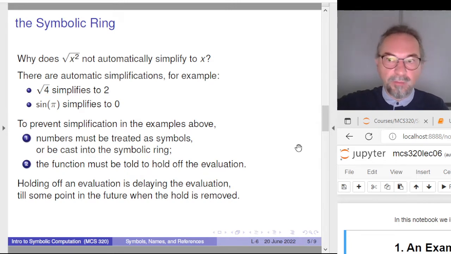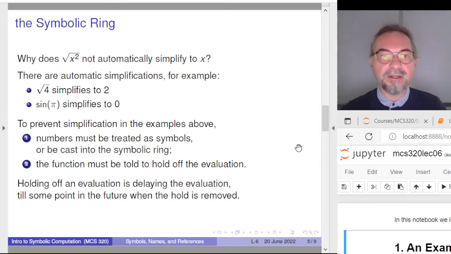Similarly, the square root of 4 will simplify to 2. Now, if we want to prevent this, then we must actually see the numbers as symbols, and most elementary functions often allow to hold off the evaluation. So it's another way of delaying the evaluation.